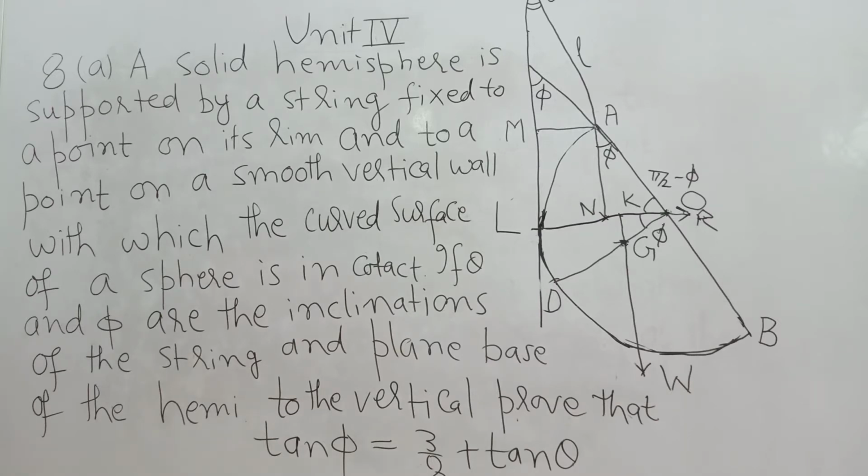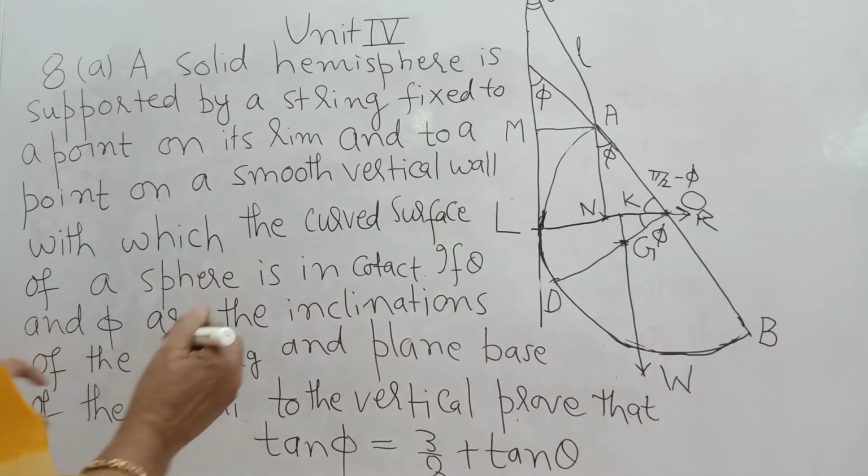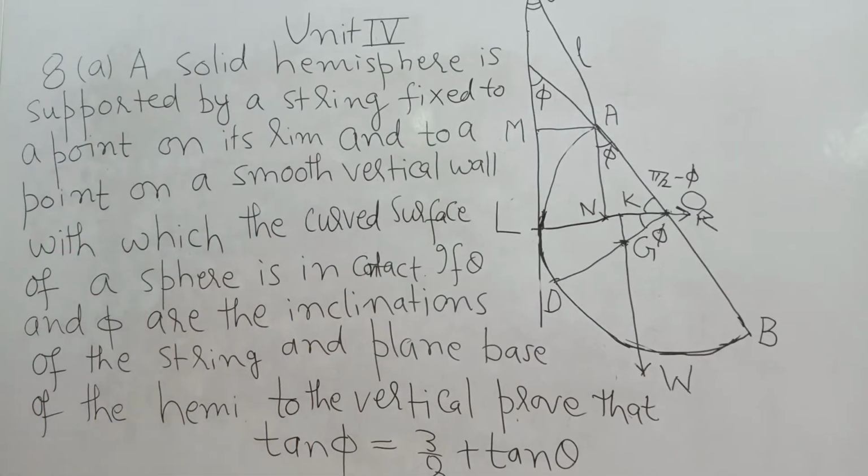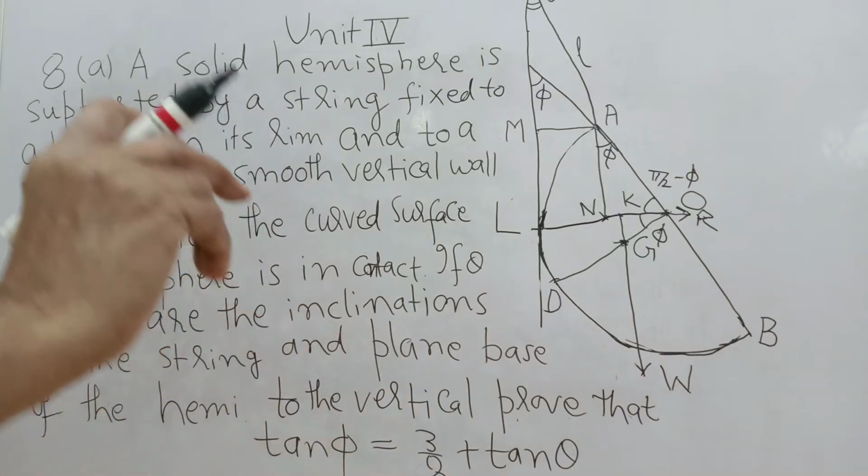Further it is given theta and phi, these are the inclinations of the string and plane base of the hemisphere to the vertical.